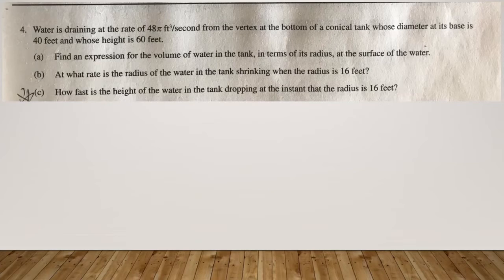So first, from the first sentence, we know one rate, the draining rate. So dV over dt equals, because it is a draining rate, that means it is decreasing the volume. So we need to add a negative in front of the rate. So it's negative 48 pi.